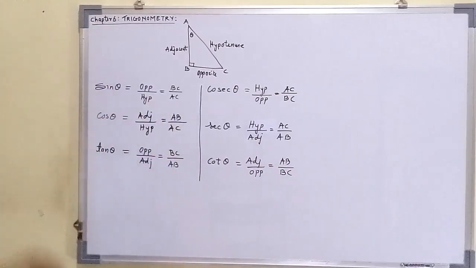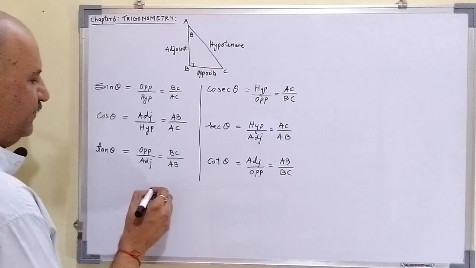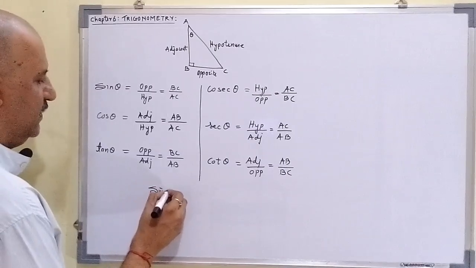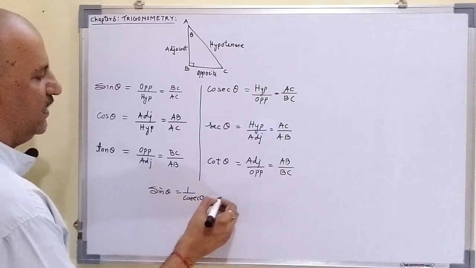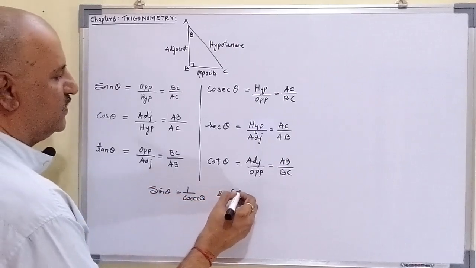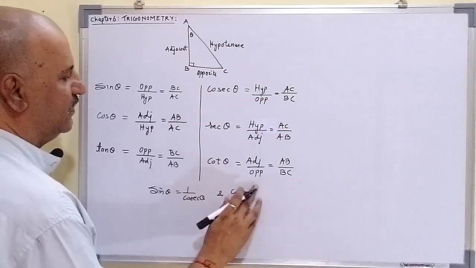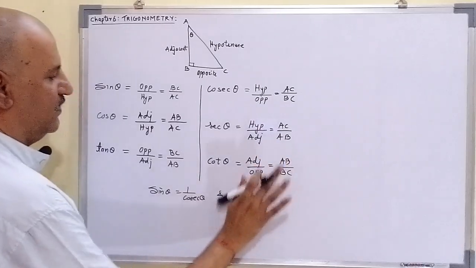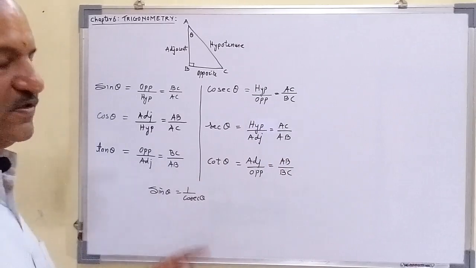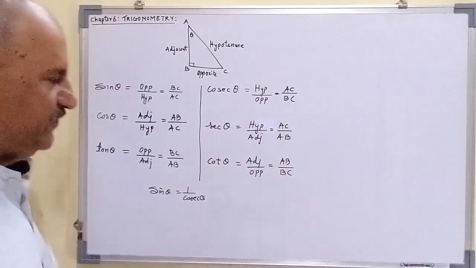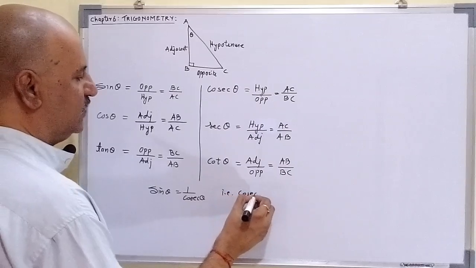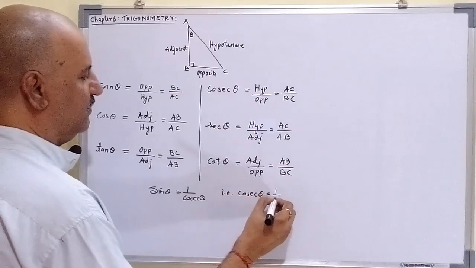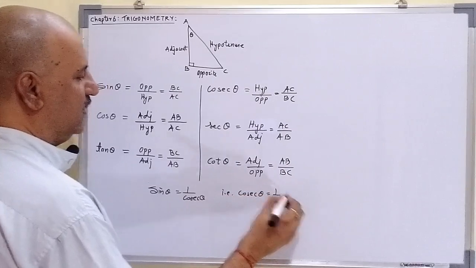From this we conclude that sin theta is 1 upon cosec theta, that is, sin and cosec are reciprocals of each other. Cosec theta is 1 upon sin theta.